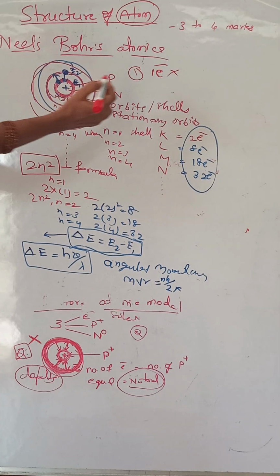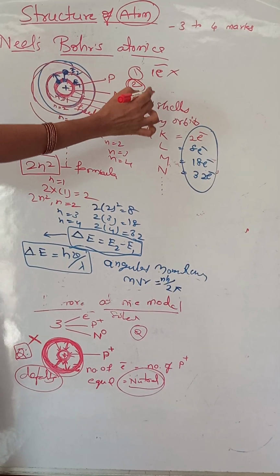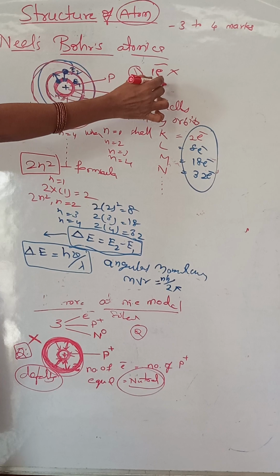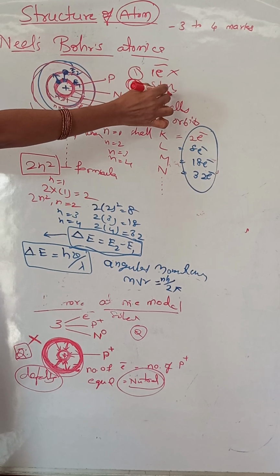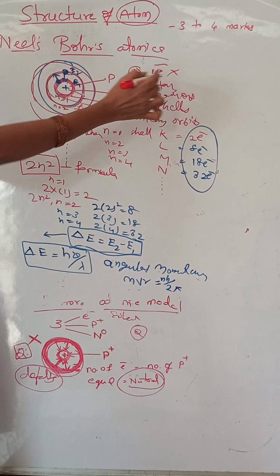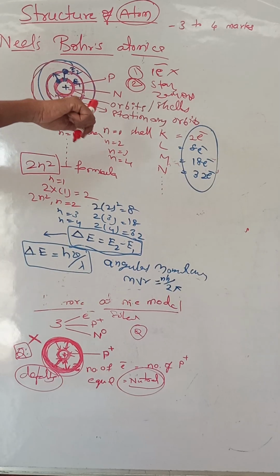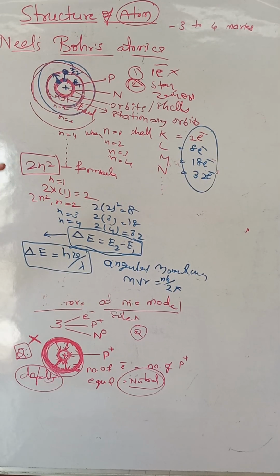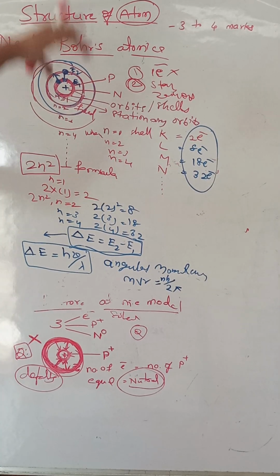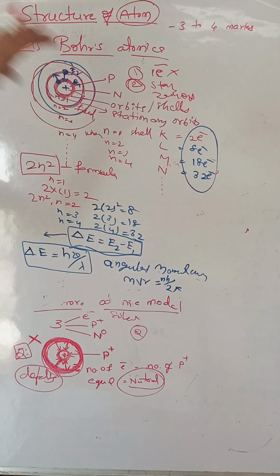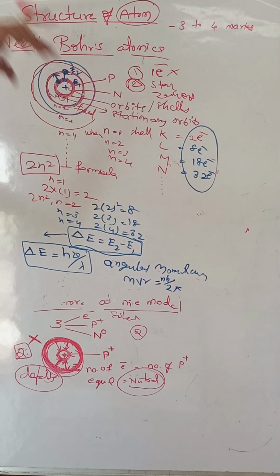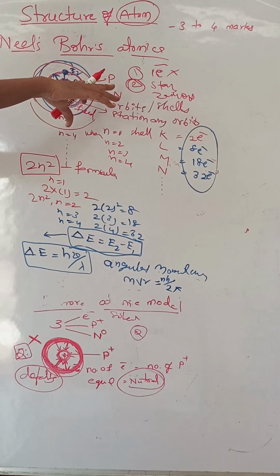Second one is he could not explain the Stark and Zeeman effects. What is the Stark and what is the Zeeman effect? In a strong electric field, the atom gives some spectral lines. That is the Stark effect.